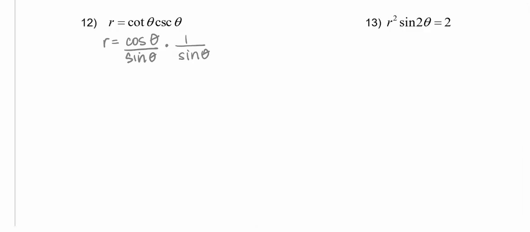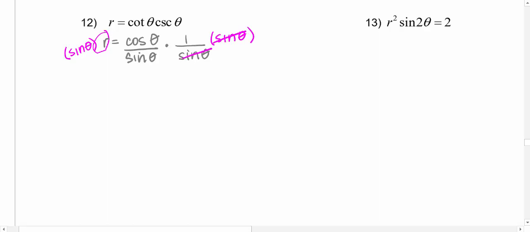What I'm going to actually do is say, remember, I want this r, since it's not really r squared right this second, paired with either a cosine theta or a sine theta, because then I can change that into an x or a y. So what I'm going to do is multiply both sides by one of the sine thetas.